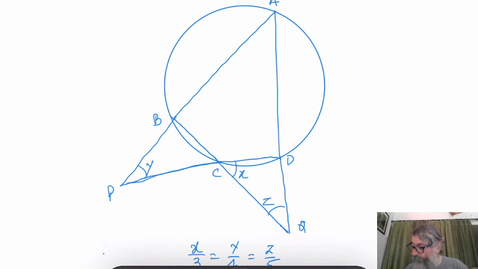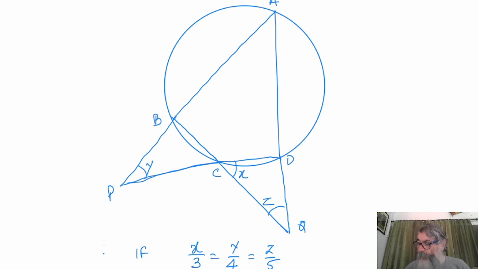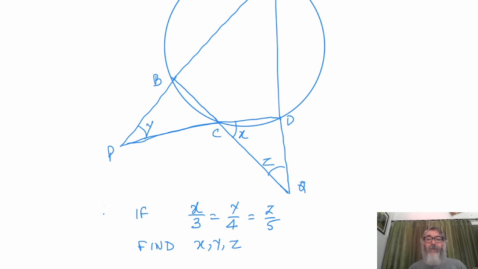He has given you, if this is given, find X, Y and Z. Now you know very well when the ratios are given equal, they are going to be equal to a constant.